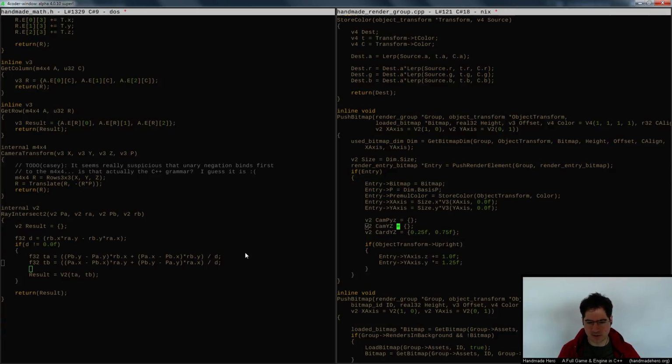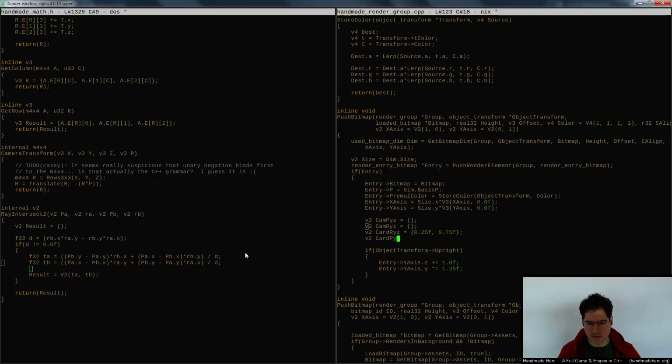So this is the cam p yz. I guess we'll do it this way. This is the card ray, camera ray, and the cam p yz is just going to be entry p yz. And that's everything that we would need to solve this equation.